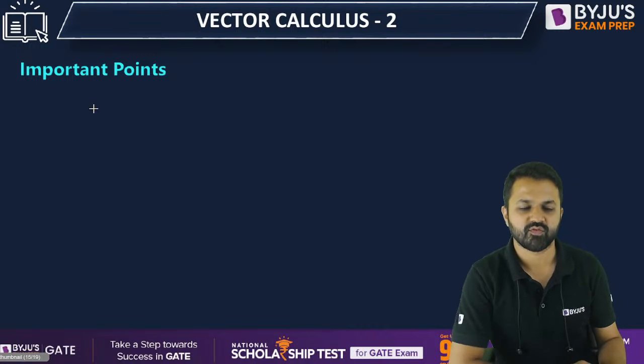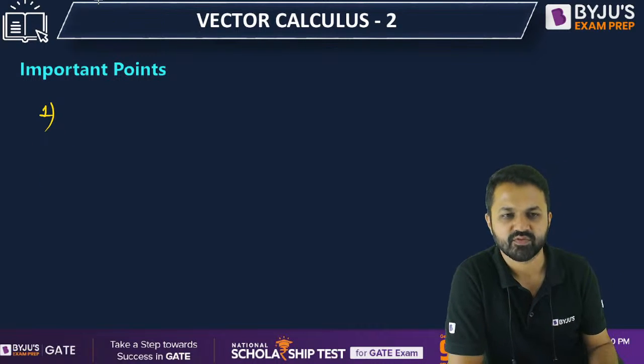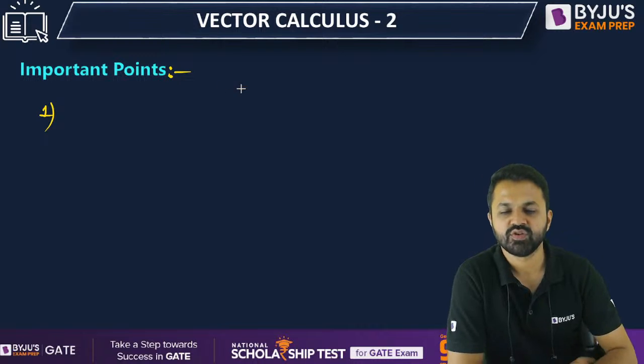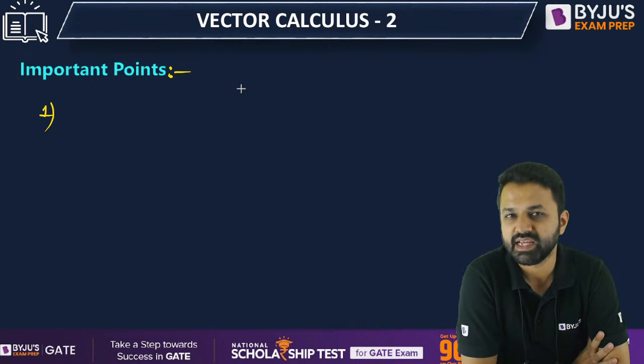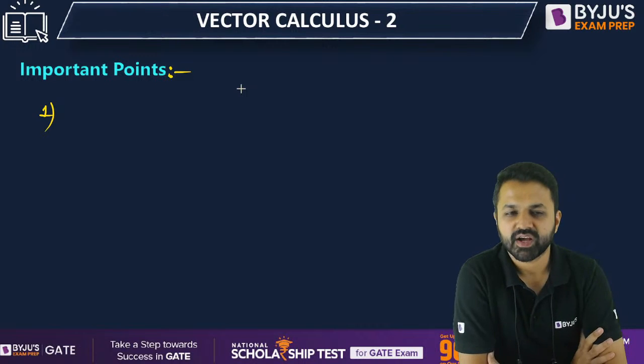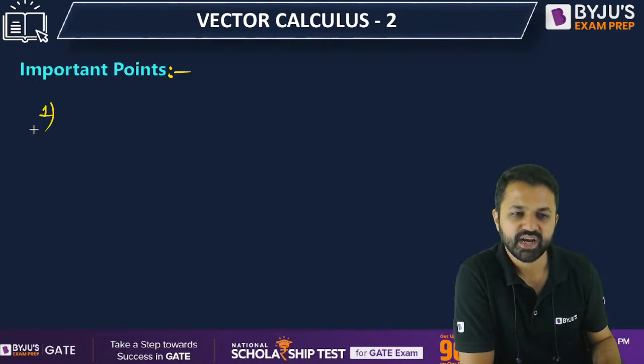So how do we calculate it for a vector? That we can see from the important points. What are the important points which you need to know, because the question will be asked from these points mainly in the GATE examination. If you are an electrical or instrumentation student, the question will come from here.